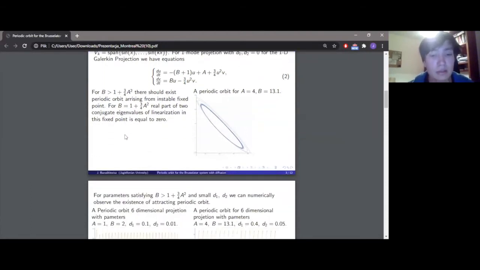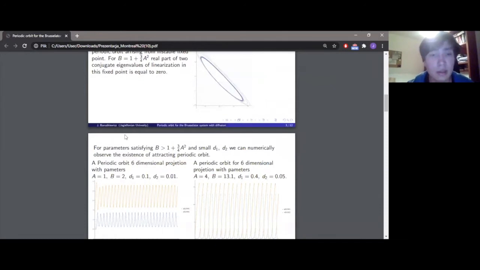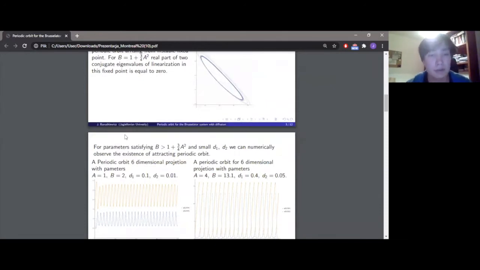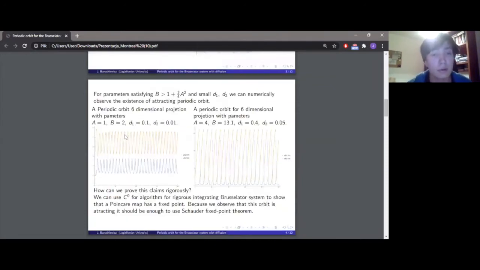Numerically we have found periodic orbits for Galerkin projections with various parameters. Here is a list of some of them. For example, a equal 1, b equal 2, d1 equal 0.1, d2 equal 0.001.